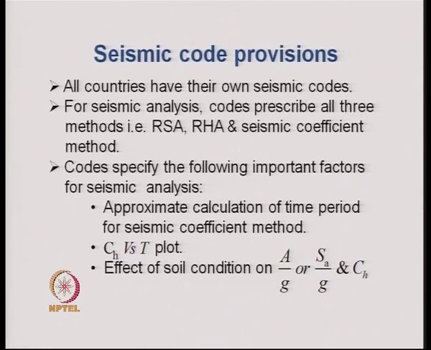The dynamic part consists of finding the time periods or the frequencies of the structure and the mode shapes. Once those are calculated, the rest of the things turn out to be a static analysis.